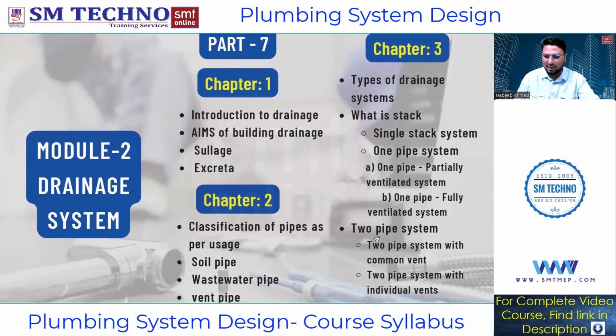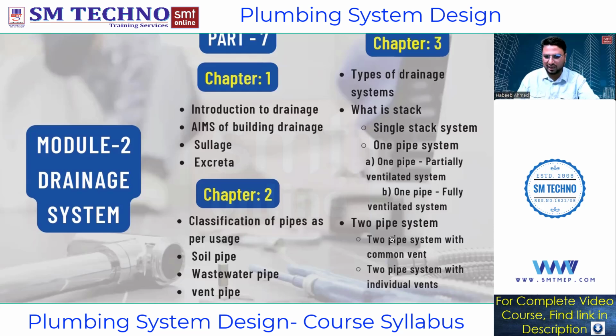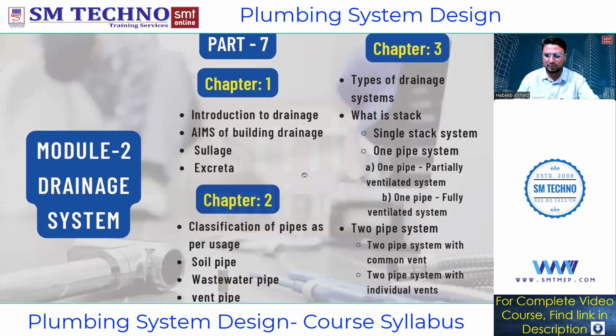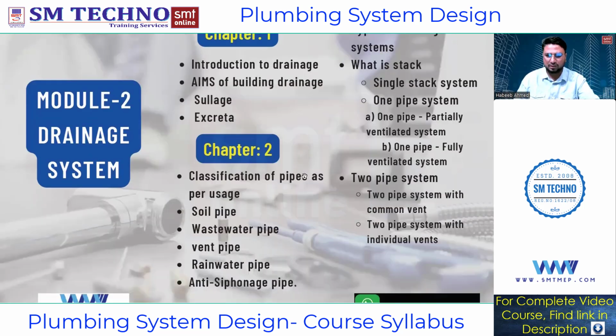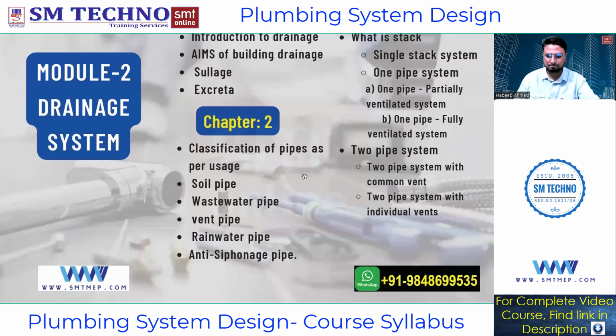After that there is a two pipe system. In this also we have two different categories: two pipe system with a common vent, and two pipe system with individual vent. So this ends chapter number 3.